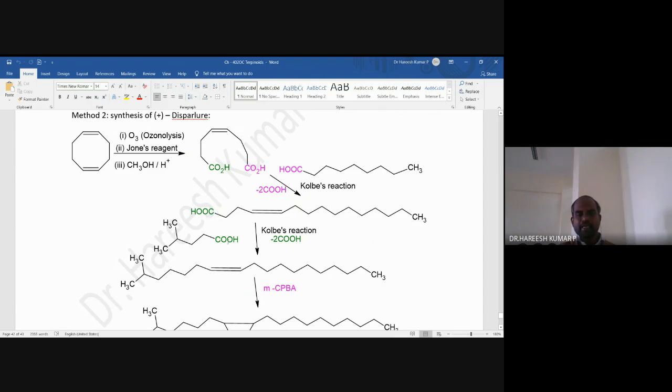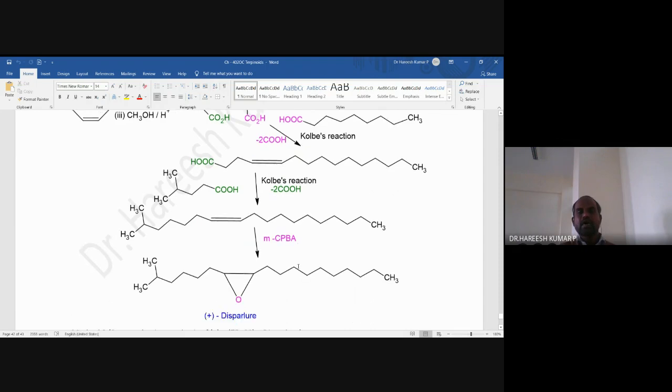And again, this compound as well as isobutyric acid is subjected to Kolbe's reaction. So again here also in Kolbe's reaction, what is happening? There will be an electrolysis. Electrolysis means removal of two molecules of carbon dioxide, and there will be a new bond formation between this carbon and this carbon. So that is how an alkene is obtained.